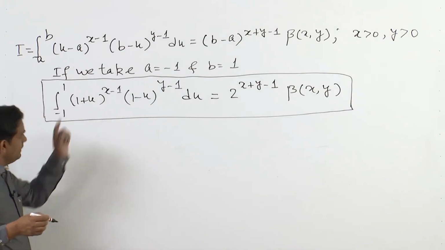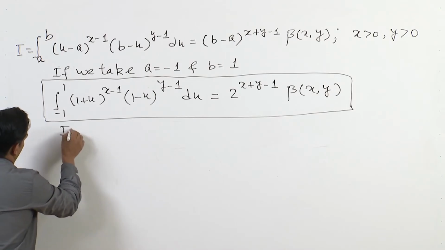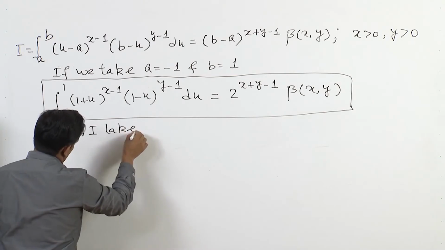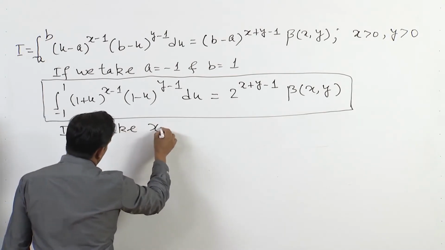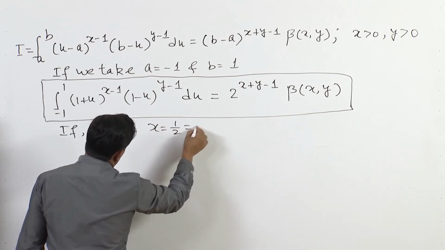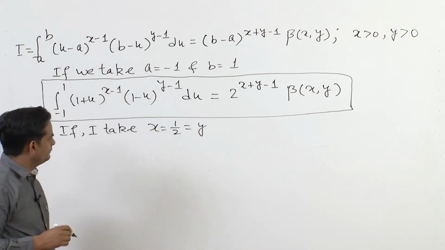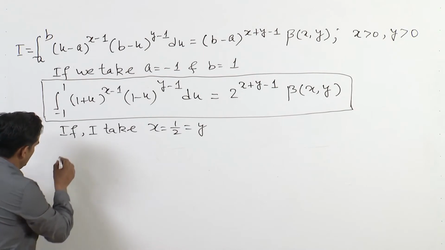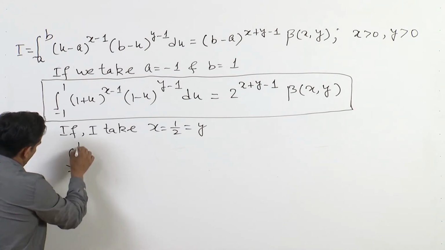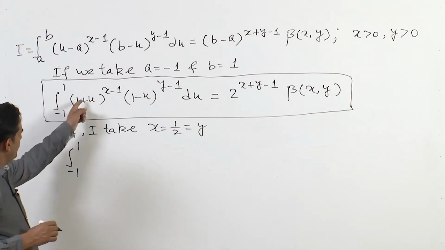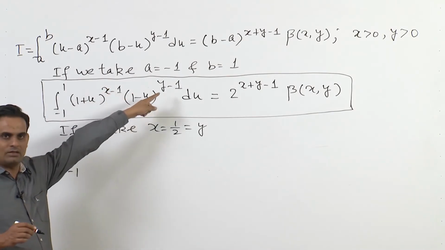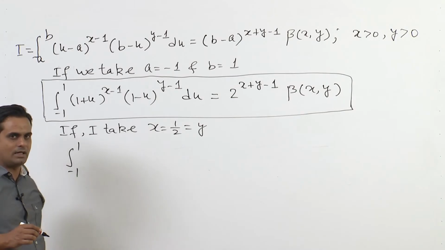Now in this relation, if I take x equals half equals y, then what will I have here? The integral from minus 1 to 1 of (1 plus u) raised to power minus half, (1 minus u) raised to power minus half.